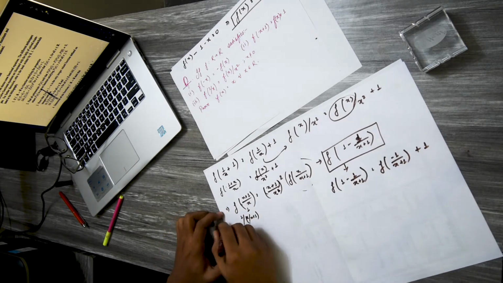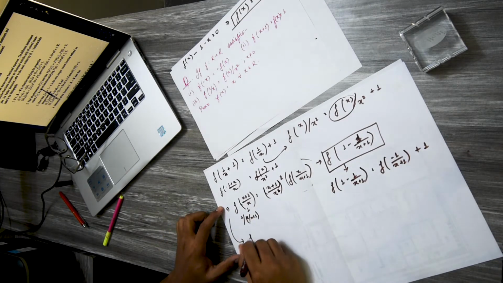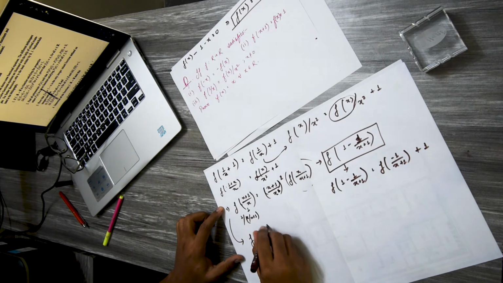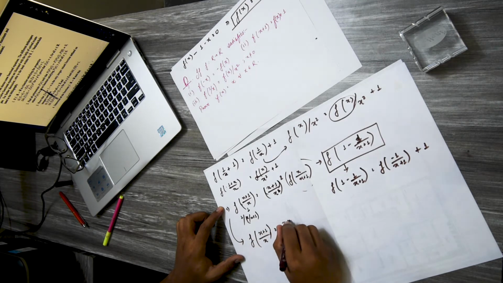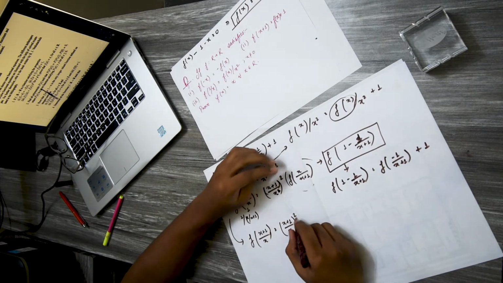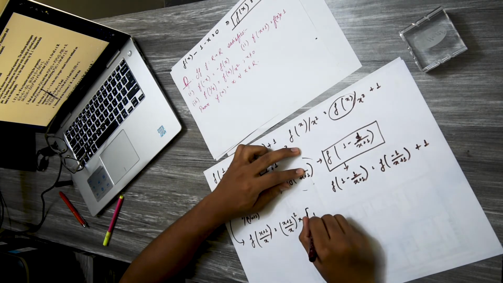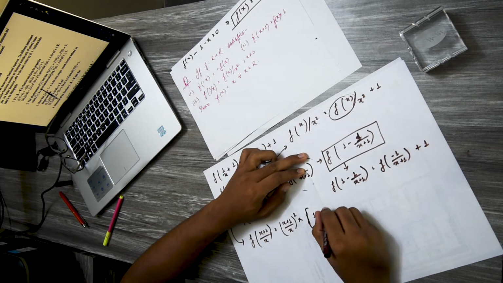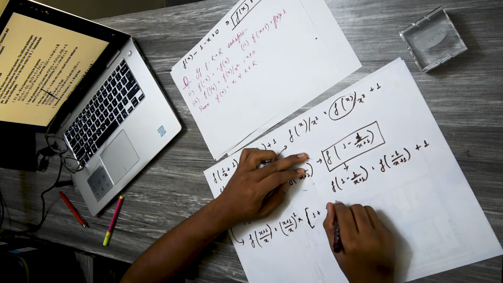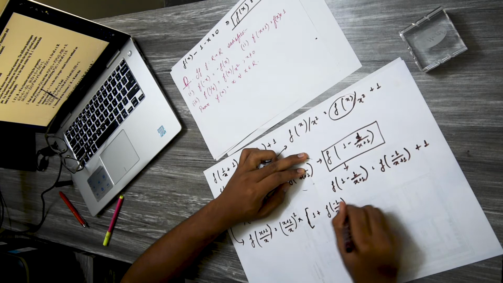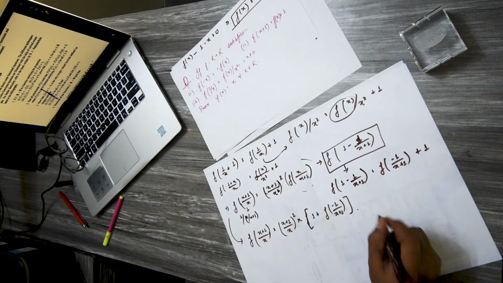Hence finally the LHS becomes f of (x plus 1)/x is equal to ((x plus 1)/x) whole square into 1 plus f of minus 1 by x plus 1. There are no errors here.